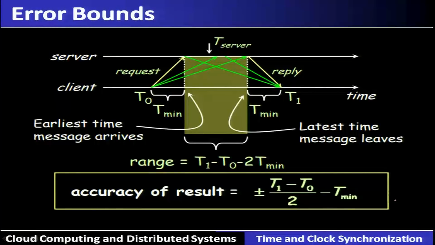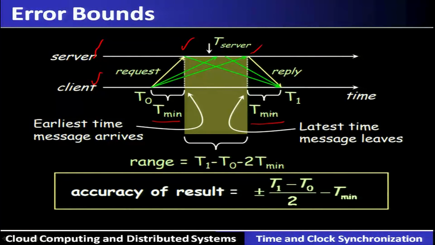Again, let us see this through an illustration. This is the server which maintains the time, and this is the client which wants to synchronize its clock, assuming that min 1 and min 2 are equal, without loss of generality, for the sake of simplicity. The earliest time when the client message will be received is T0 plus T min. Similarly, the server will respond and the reply will be received; the latest time will be when the server sends plus T min.